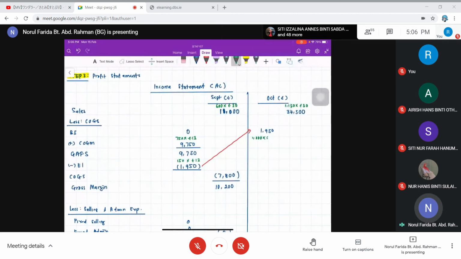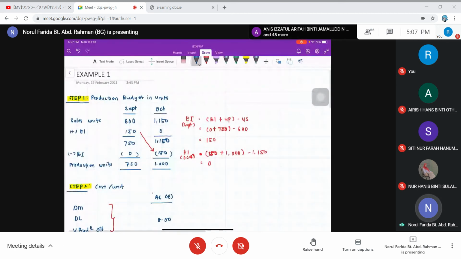Cost per unit adalah 13. So you akan dapat 13,000. Tambah je lah. So you can dapat goods available for sale is 14,950. Alright. Minus with your ending inventory. Ending inventory untuk Oktober adalah tidak ada. Ending inventory Oktober kosong.